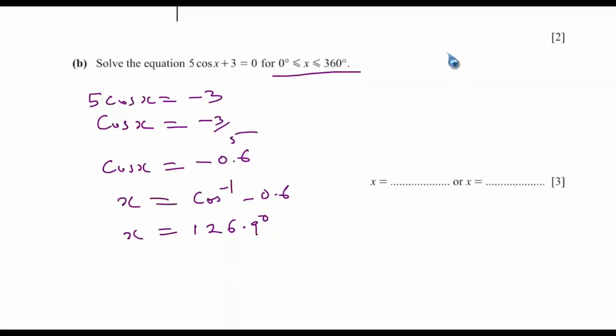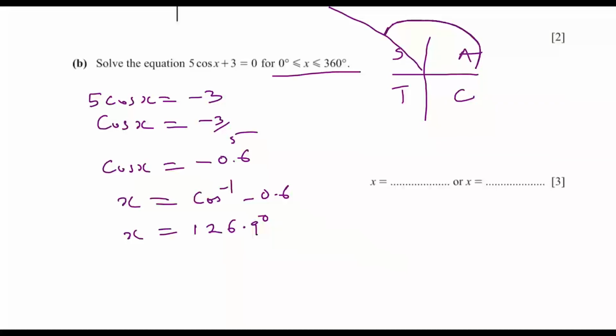So if you draw your quadrants, so all students take calculus, okay? So you already have 126 degrees somewhere around here, okay? So you have this. So we need to find the other value of cos where it is positive. So it will be around here.